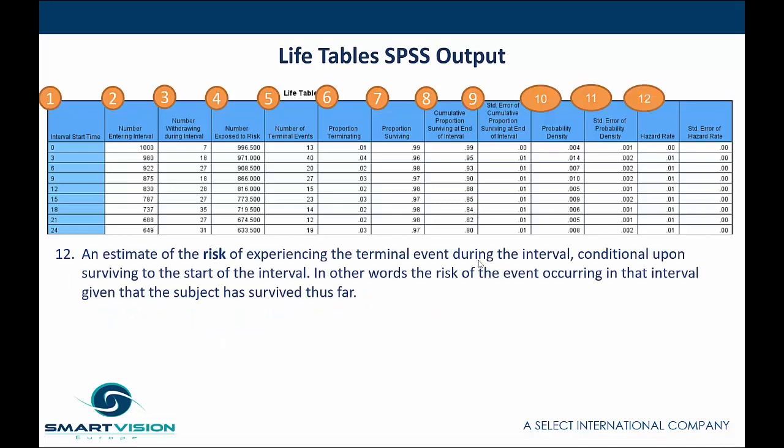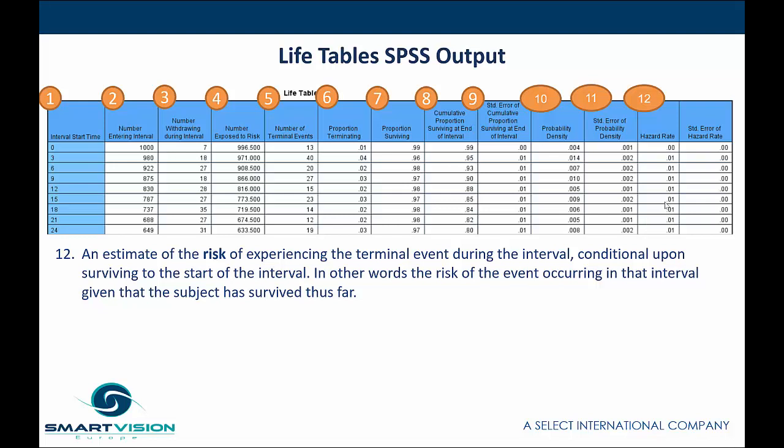And then we have what's called the hazard rate. So this is an estimate of the risk of experiencing the terminal event during the interval, conditional upon surviving to the start of the interval. In other words, it's the risk of the event occurring in that interval given that the subject has survived thus far.